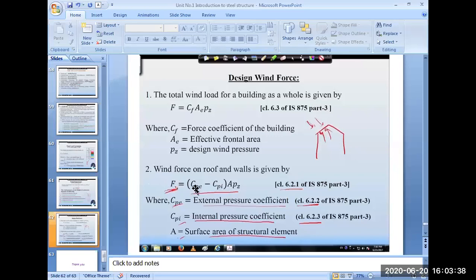Are you getting? So area into stress will give the force. So force is equal to this formula that is given in clause number 6.2.1 of IS 875 part 3.